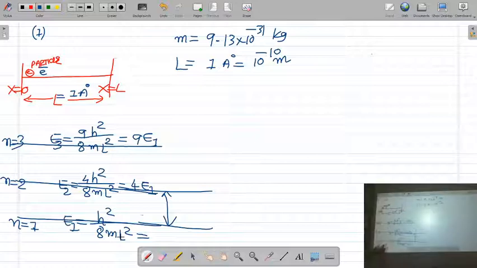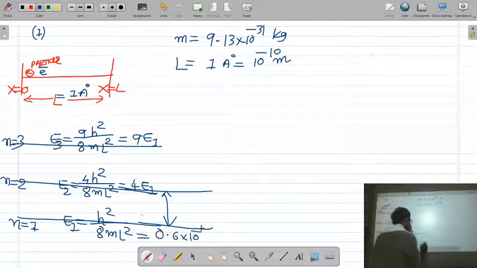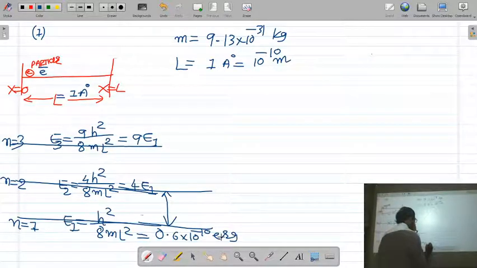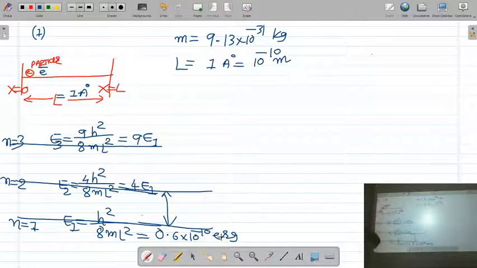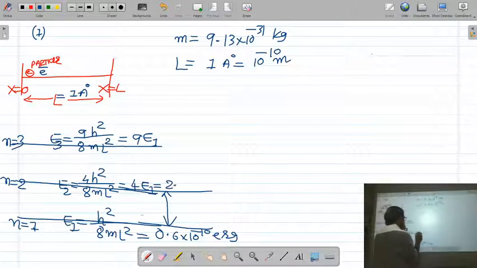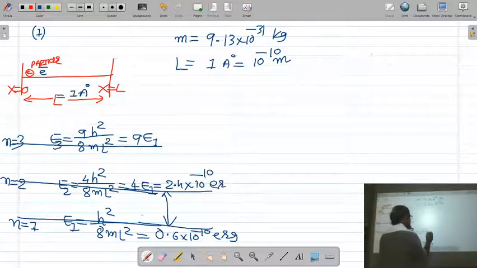So the energy of the electron in the energy level n equal to 1 comes to 0.6 × 10 to the minus 10 erg. In the energy level n equal to 2, the energy of the electron will be 4h squared by 8mL squared, that is 4 times greater than the energy E1. So 0.6 into 4 will be 2.4 × 10 to the minus 10.